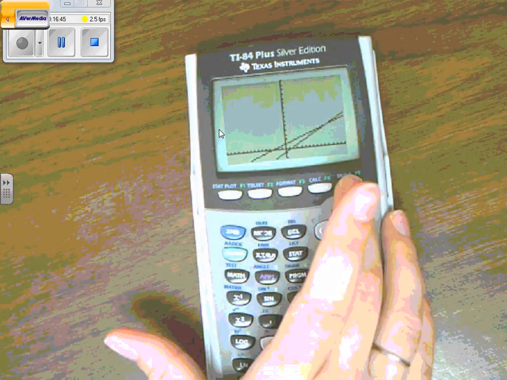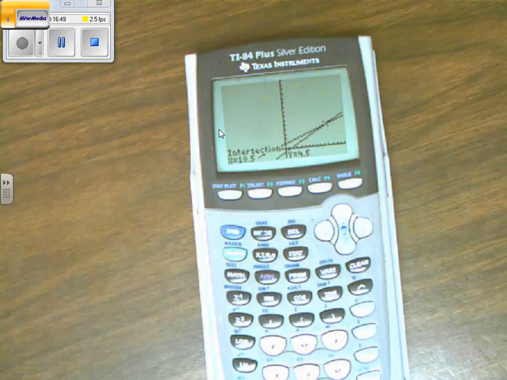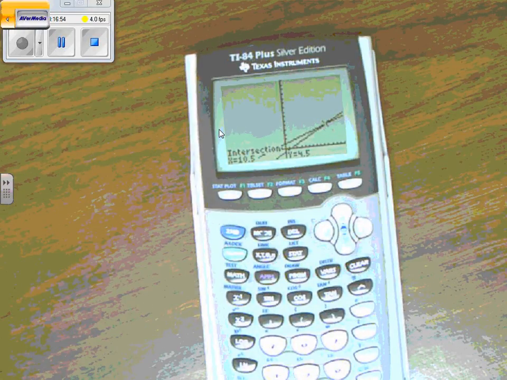Okay. And now second trace 5, enter, enter, enter. And you get 10.5 for your X, which makes sense. Let me see your calculator.